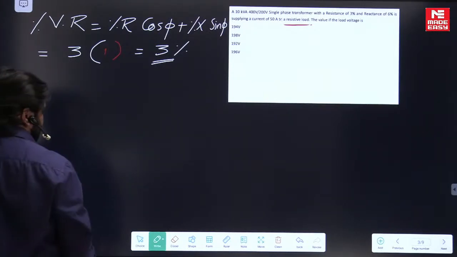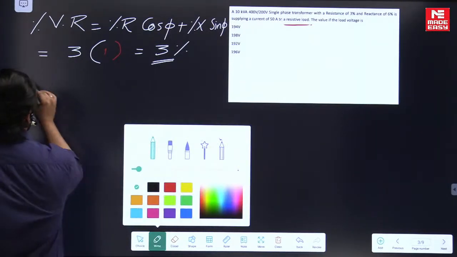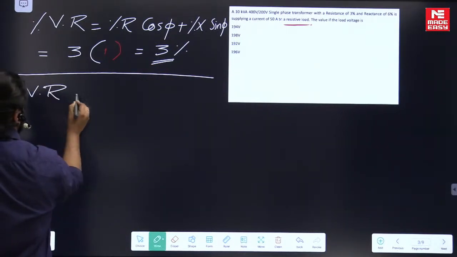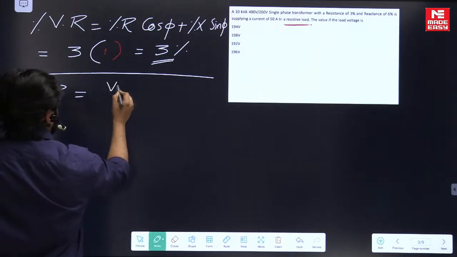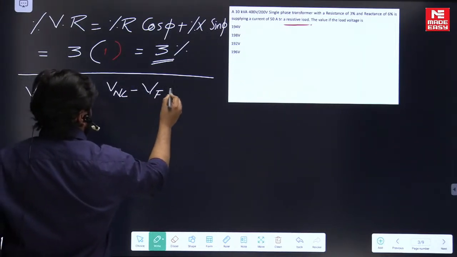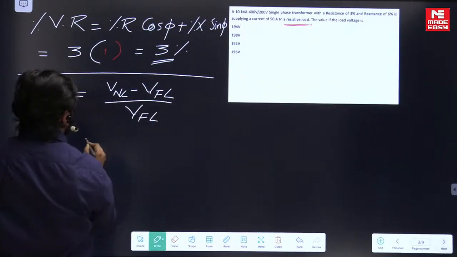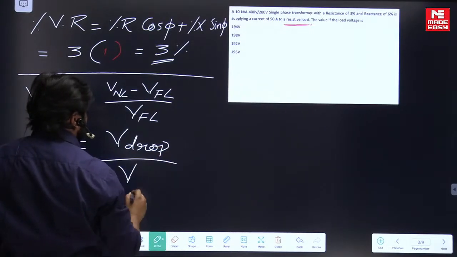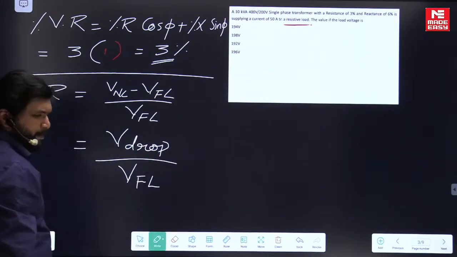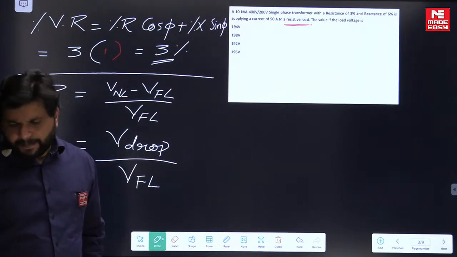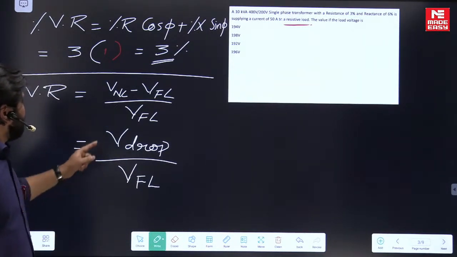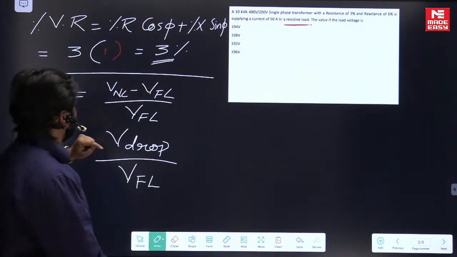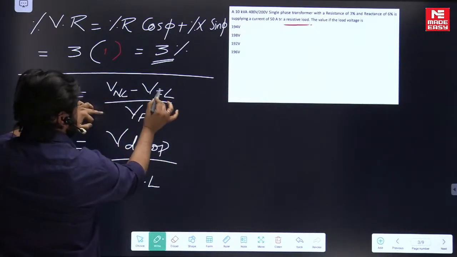Next, you know voltage drop is VNL minus VFL.